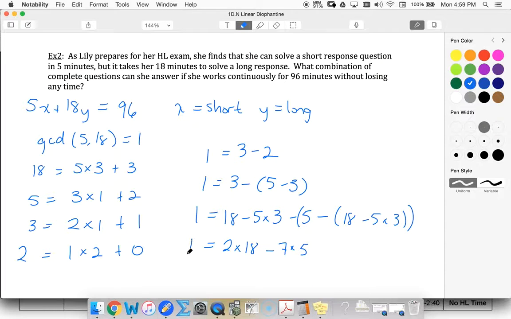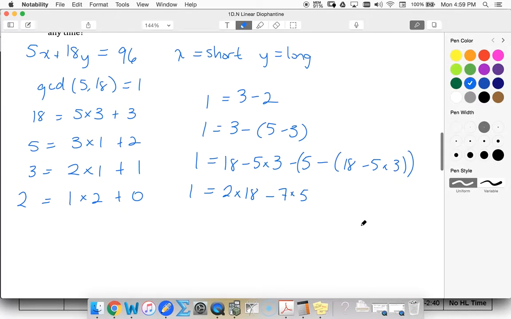I don't want it to equal 1 though, I want it to equal 96. So to make this equal 96, I'm just going to multiply everything by 96. That doesn't make sense though.